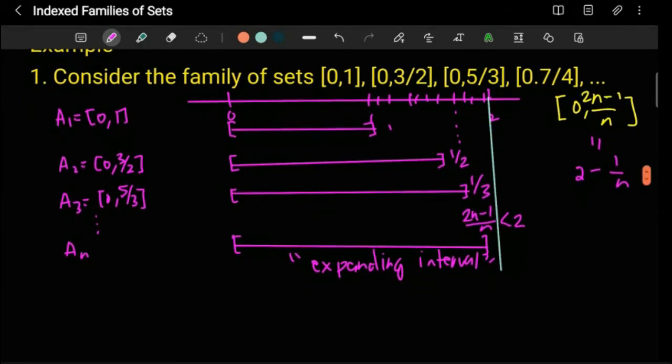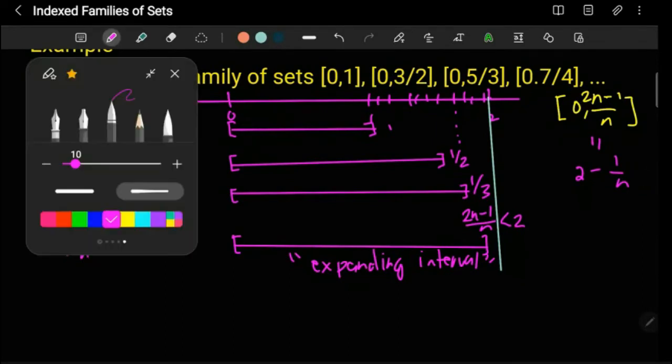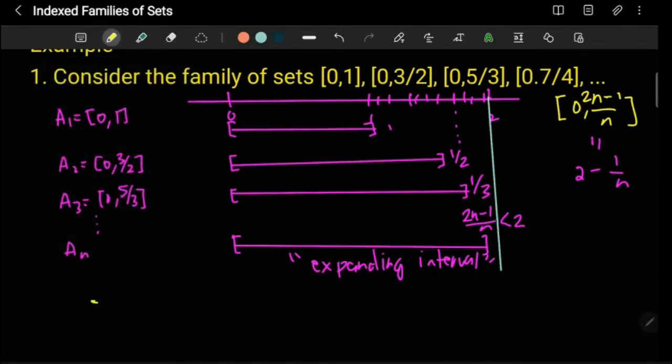If you take a look at A1 and A2, clearly, yan, clearly, di ba? A1 is a subset of A2. Lahat nung nakay A1, nakay A2 din. So, subset siya. Right? Kasi si A1 hanggang 1 lang eh. Hanggang dito lang si A1. Pero si A2 hanggang 3 halves pa. So, subset siya.